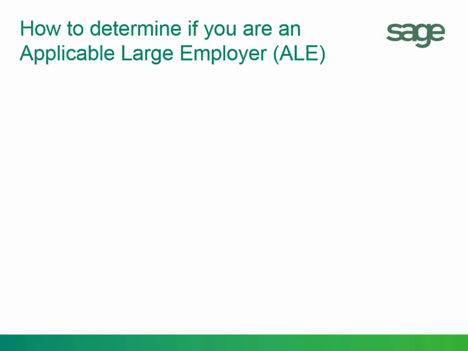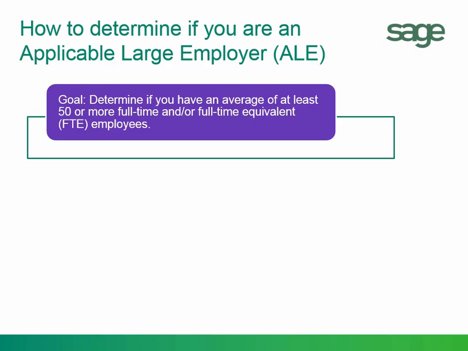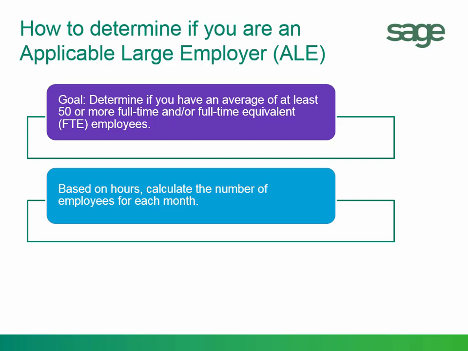So, how do you determine if you are an applicable large employer? Well, the goal is to determine if you have an average of at least 50 or more full-time and/or full-time equivalent, or FTE, employees. Based on hours, you'll calculate the number of employees for each month.